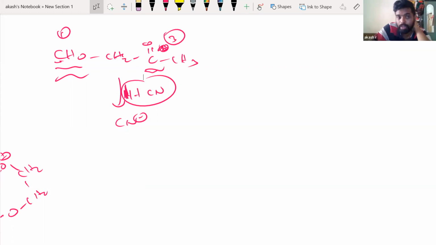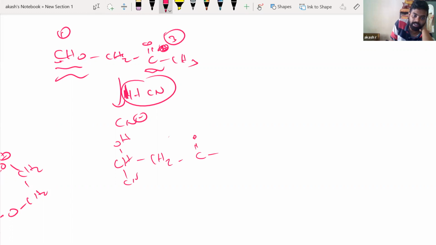So when we have nucleophilic addition reactions, we have already done this, right? We have already done the reactivity of aldehydes and ketones. We know that aldehydes are going to be more reactive with respect to these nucleophilic addition reactions, right? So if you don't do anything and you put the HCN, the product would have been CH, OH, CN, CH2, C double bond O, CH3.